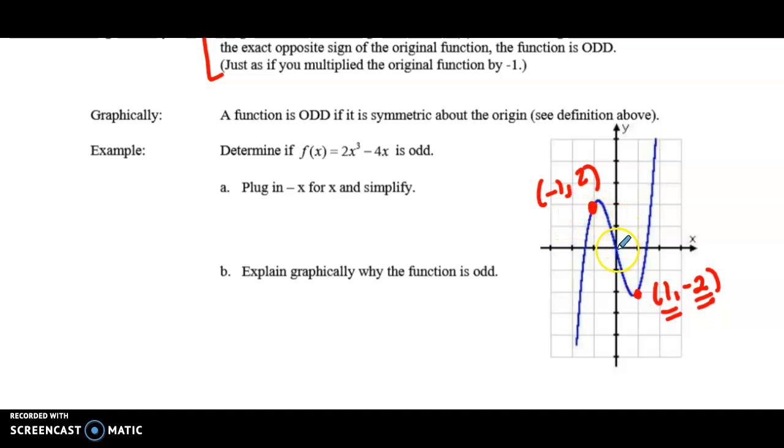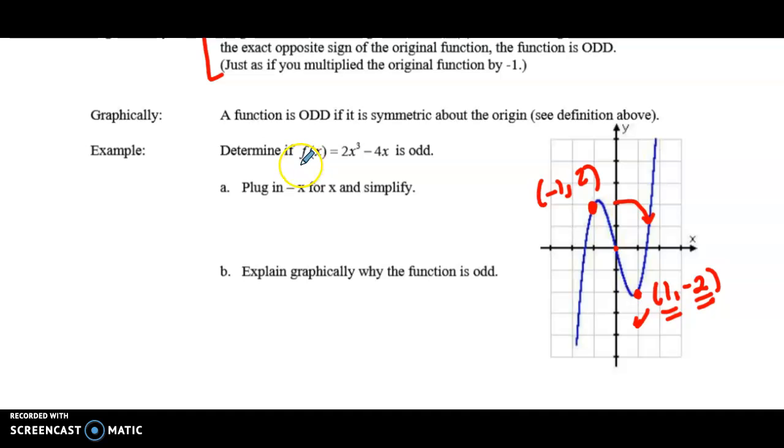So if you were to take this graph and rotate it 180 degrees, I know that's hard to see, but literally think of taking it and rotating it 180 degrees. This graph would look exactly the same. This point right here would go to right here, and these points right here would go up here. You could take a piece of paper and try that. But let's see what this looks like algebraically.